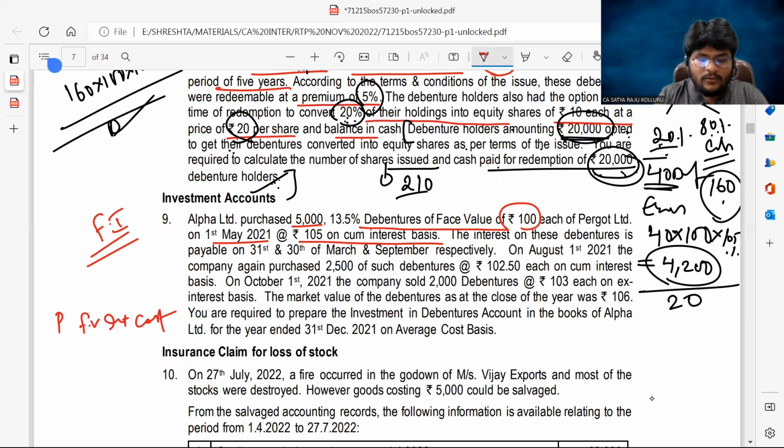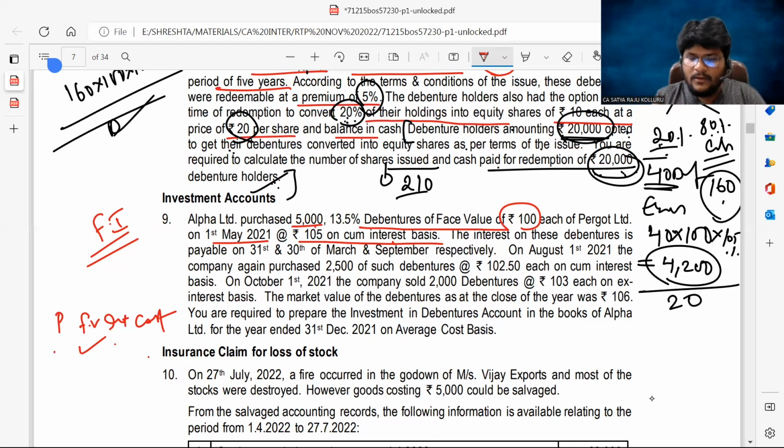Purchase to bank: face value 5,000 into 100, interest from the last date of payment up to the date of purchase. We don't know yet. Cost price: if it is the cum interest quotation price, then minus interest is the cost.